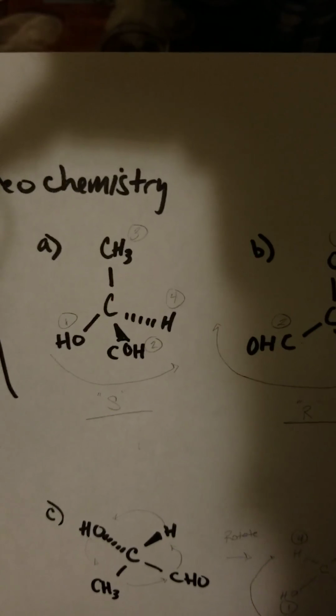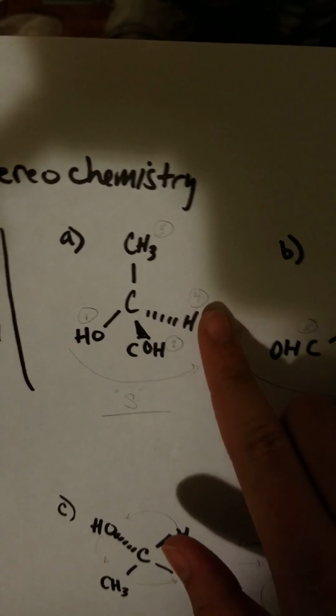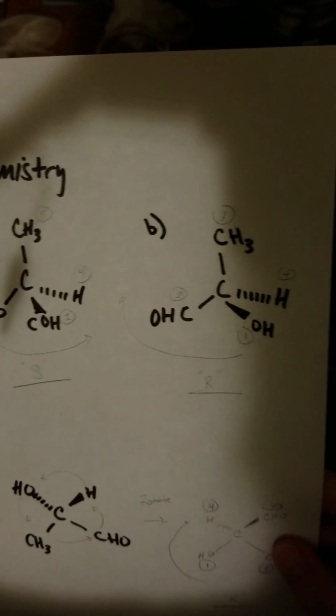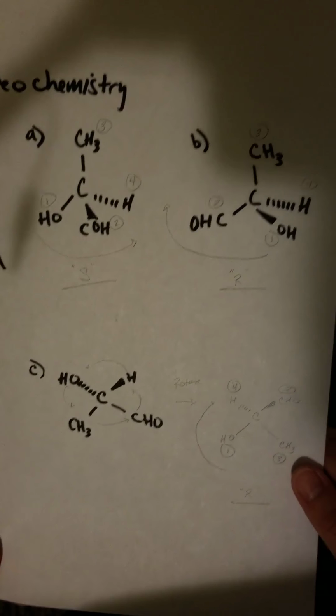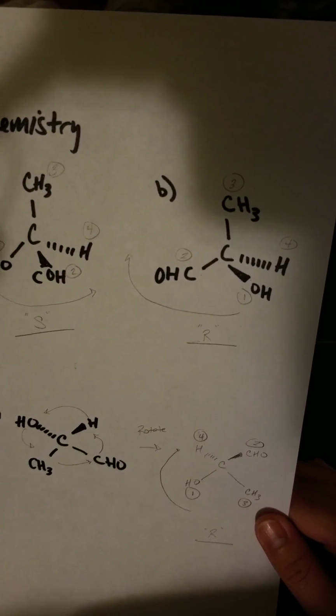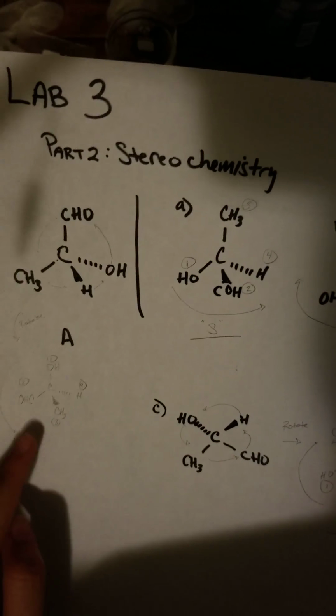For A, I found that it was S by assigning the priorities, with hydrogen being the lowest. And that goes along with all of them. So with B, I've designated R configuration, C also, and A and the original both S configuration.